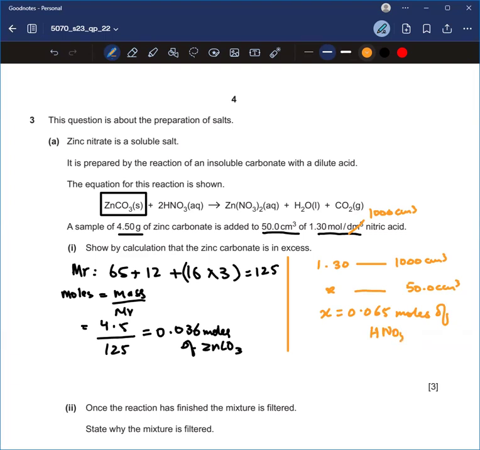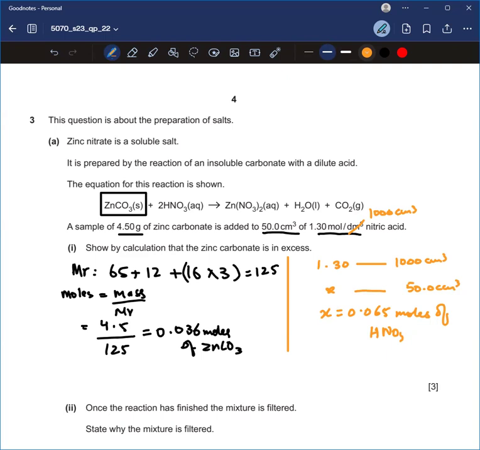Here you might get confused that nitric acid has greater moles than zinc, but they are asking us to prove that zinc carbonate is in excess. So here is the trick. They are confusing us.